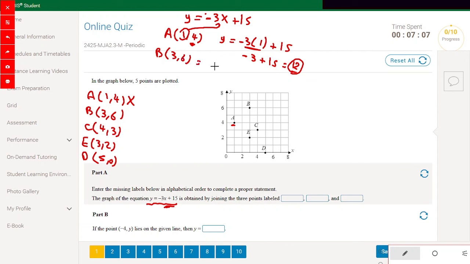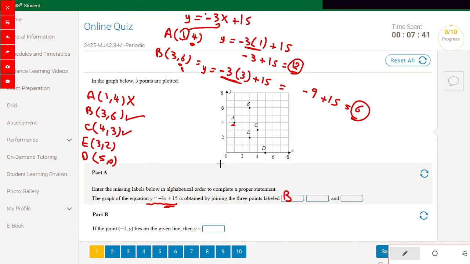So let's substitute here. So y would be equal to minus 3 multiplied by 3 plus 15. So minus 3 times 3 equals minus 9, plus 15 will be equal to 6. So y here is equal to the y, so B is a solution. So the first point is B.